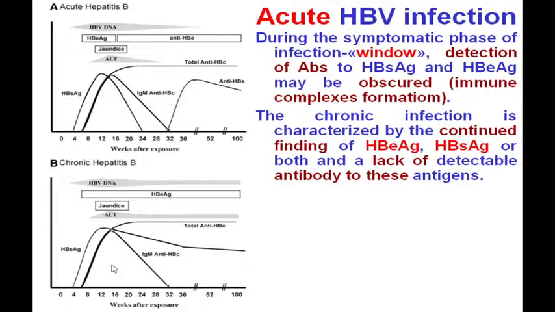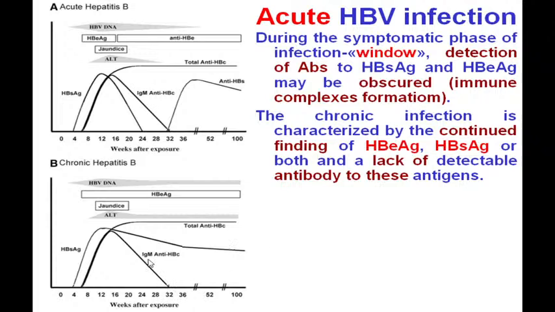The chronic infection is characterized by continuing HBe antigen. See, there are no anti-HBe antibodies formed very well, right? So before, within, and after the jaundice, we have HBs antigen present in the blood usually.